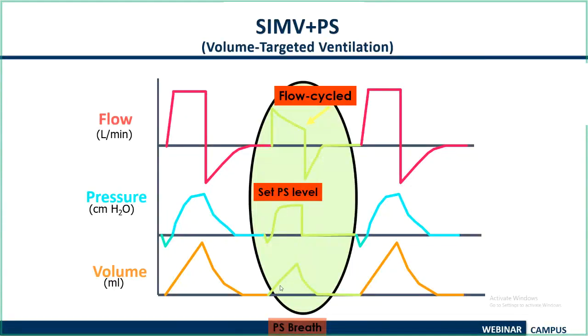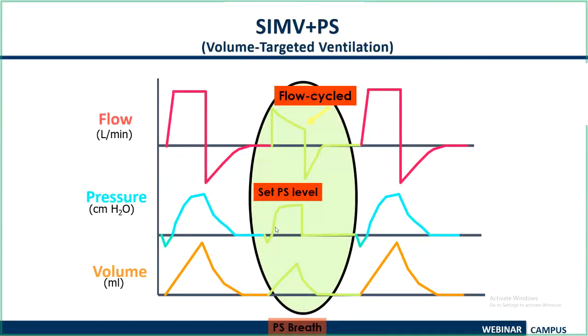Suppose the patient is generating only 200 ml, you can increase the pressure support gradually, say like 10, 15, etc. to reach a volume of around 400 ml. But here again, when the patient effort changes, even if you keep a pressure support of 15 and target 400 ml, sometimes it can overshoot and reach 500 ml. Sometimes it can undershoot and reach only up to 300 ml.